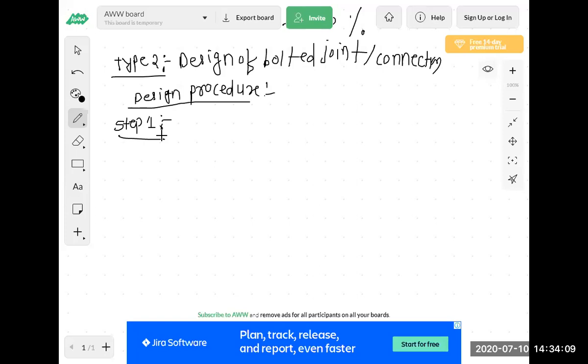So step number 1 is same, but we will write here. Step number 1 is again calculate diameter of bolt hole.